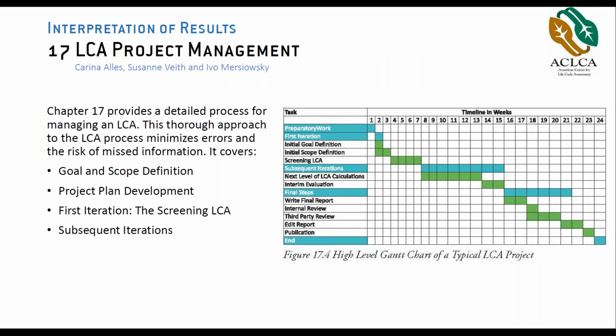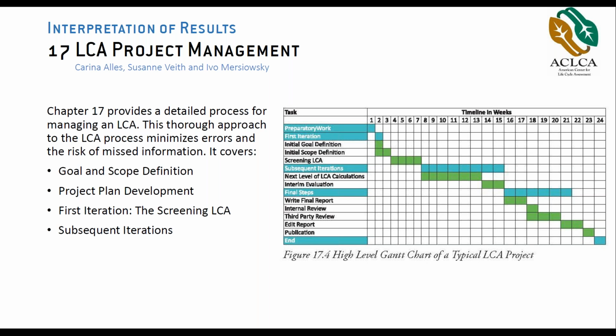So here's another example. We had a team from DuPont writing this chapter. And they had Gantt charts, and they had an amazing detail on project management for LCA. In fact, I had to keep saying, all right, it's not an entire book on project management. They were quite impressive as a team, though.